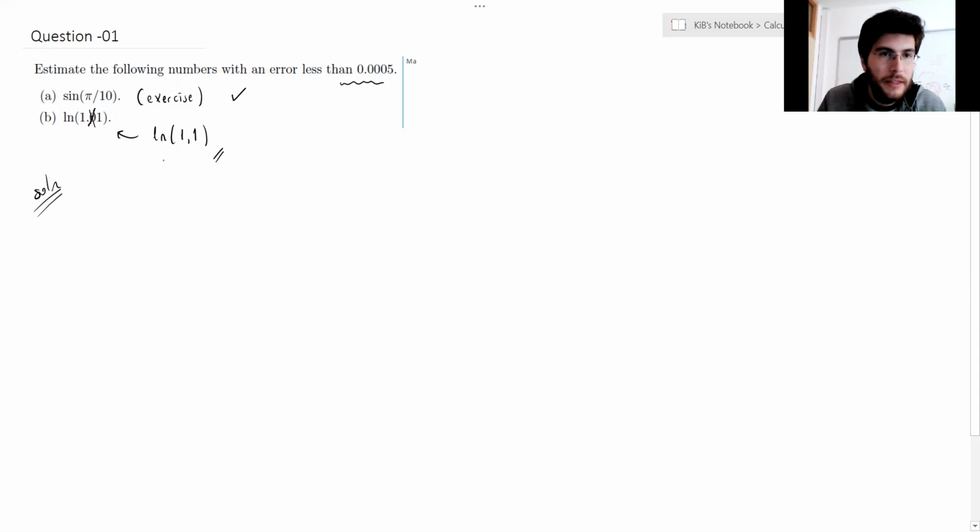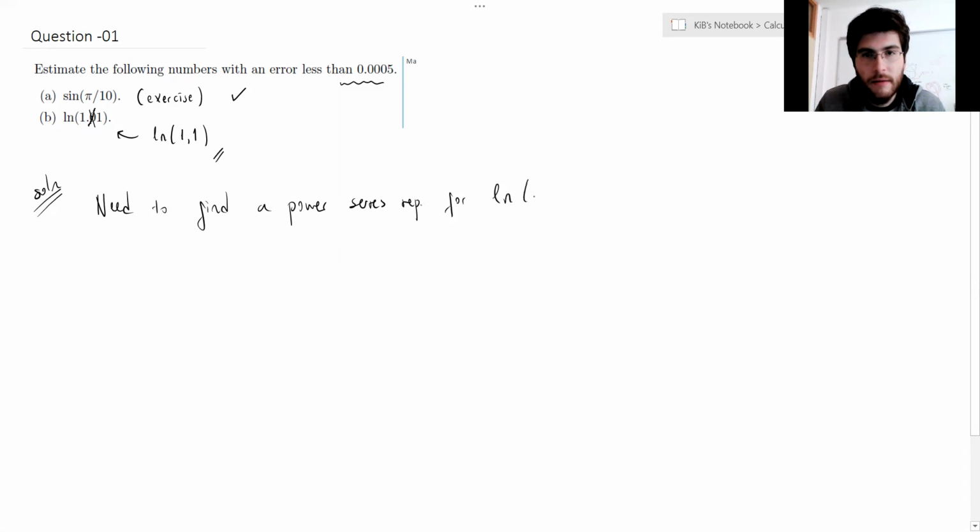Okay, fine. First, here is the idea. We need to find a power series, or if you like, a Maclaurin or Taylor series representation for ln 1.1. Of course, first for the function, then we will evaluate the value. So what was the algorithm? If you remember, we start with what we know.